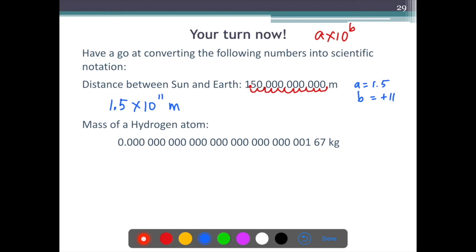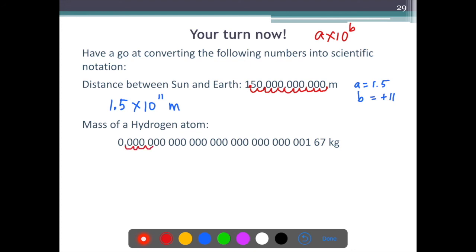Right, do that for the hydrogen atom. Here it's a very small number, so it's more obvious where the decimal point is. The decimal point is here. We need to move it so that we have a number between 1 and 10. Obviously we need to move the decimal point to the right.